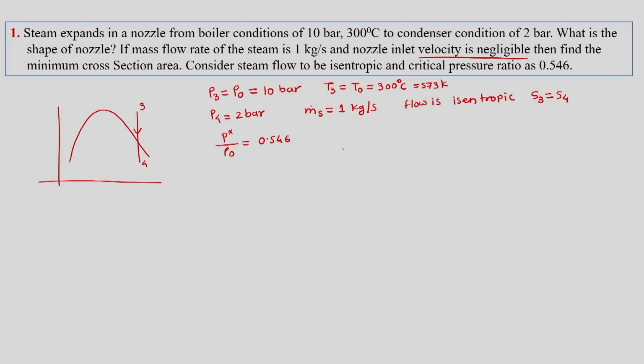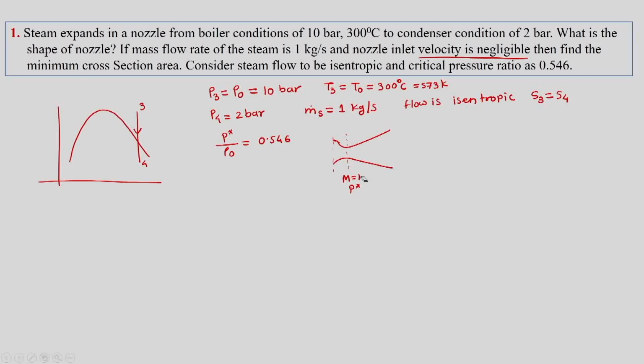We know that if a nozzle is a CD nozzle, then in the case of a CD nozzle, the minimum cross section area will attain Mach number 1 for the expansion from subsonic to supersonic, and P star is the pressure at the sonic condition.